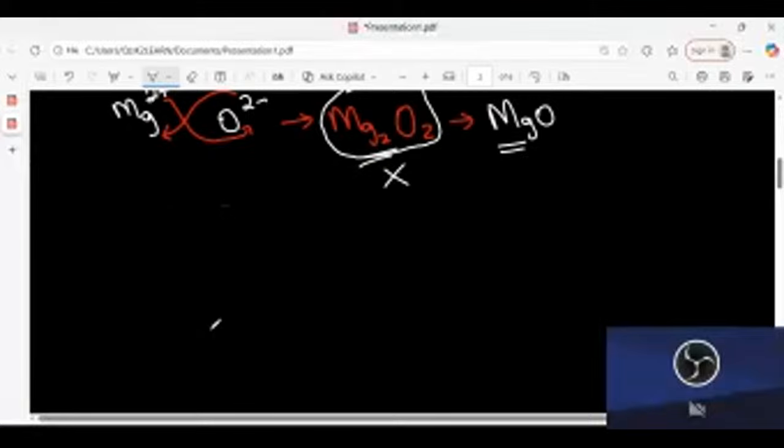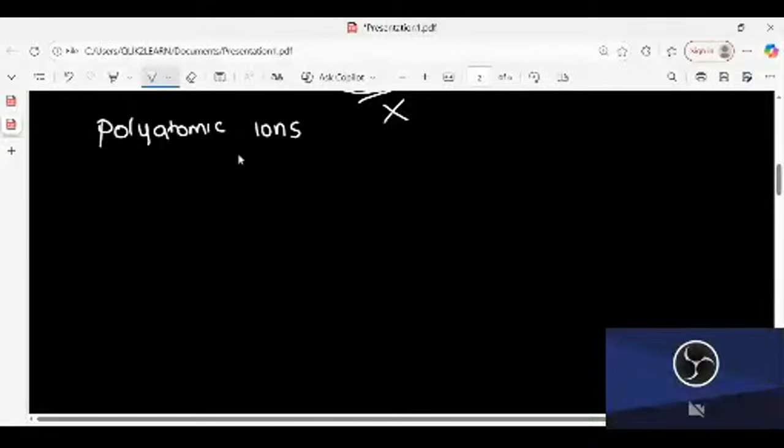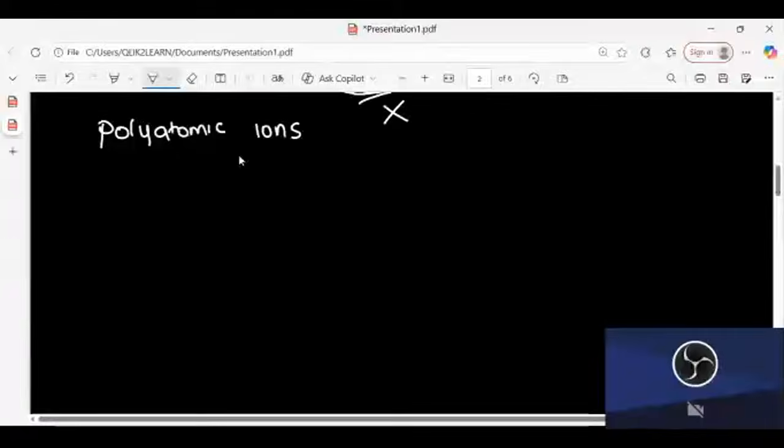So now we have what we call polyatomic ions. On polyatomic ions, you always have to know them. I'm going to give you the names and their formulas, and I expect you to know them before you go to an exam.